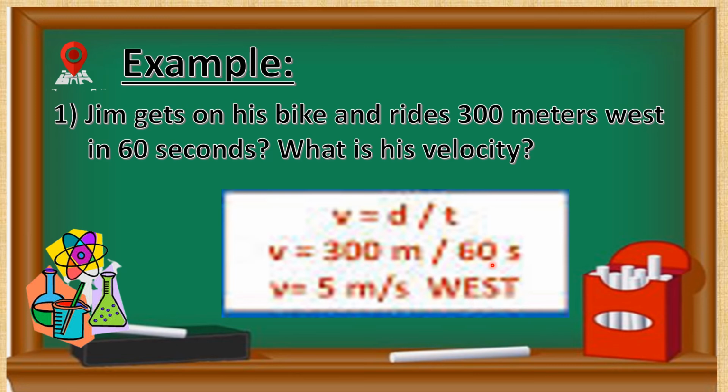And when we have velocity, it always has a direction. So the answer is velocity equals 5 meters per second west.